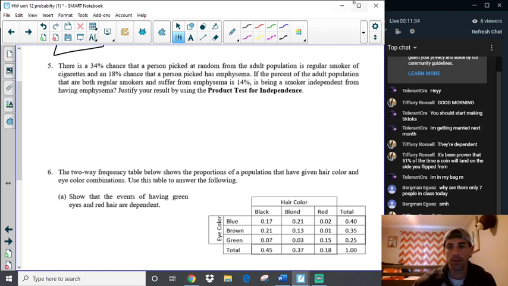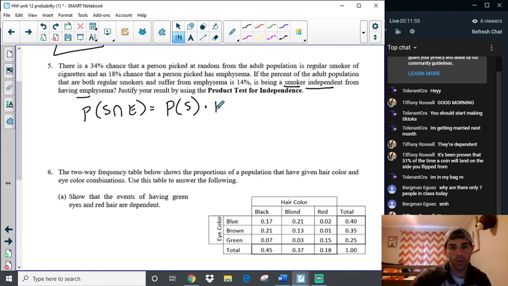Okay, so independent: smoker and emphysema. Probability of smoker, probability of smoker and emphysema. So I would have to figure out the probability of the people that smoke times the probability that people have emphysema and see if these two are the same.